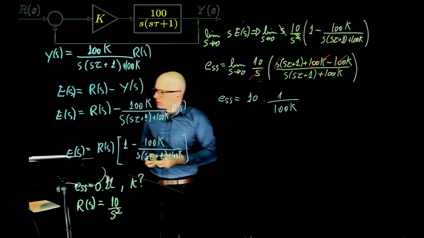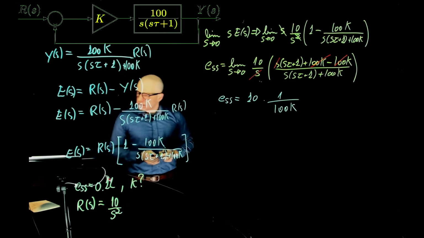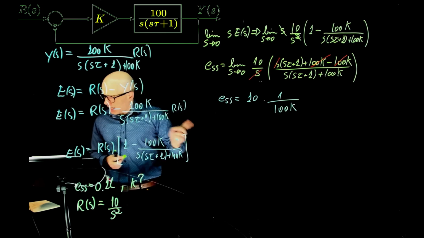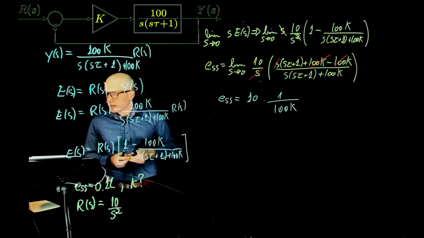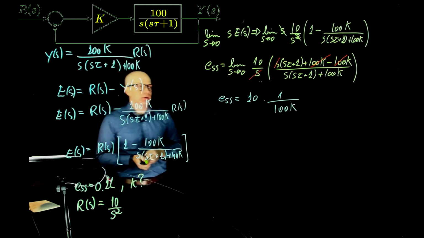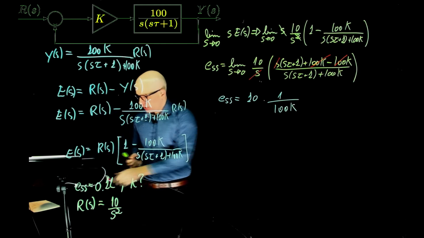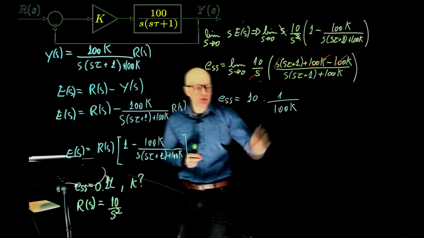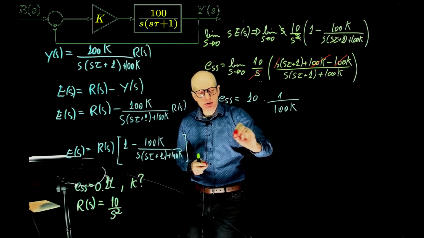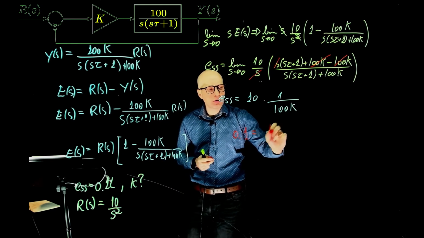The question states, find an appropriate gain k that yields a steady state error of 0.1 for this particular input. So we can simply equate this to the desired steady state error of 0.1.